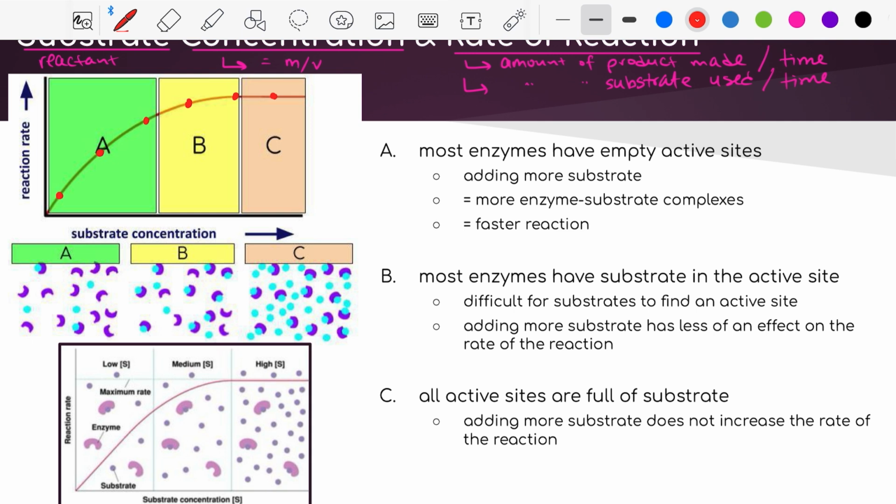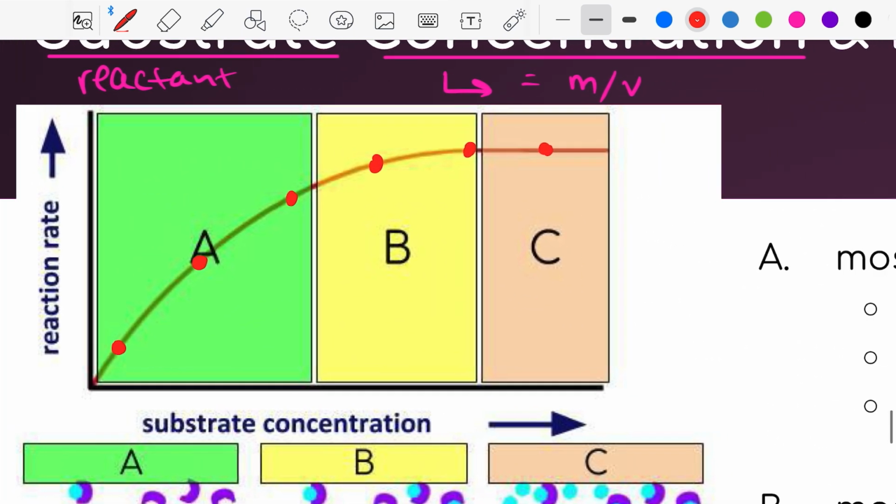So this is reaction 1, this is reaction 2, this is reaction or trial 3, this is reaction 4, this is reaction 5, and this here is reaction 6.